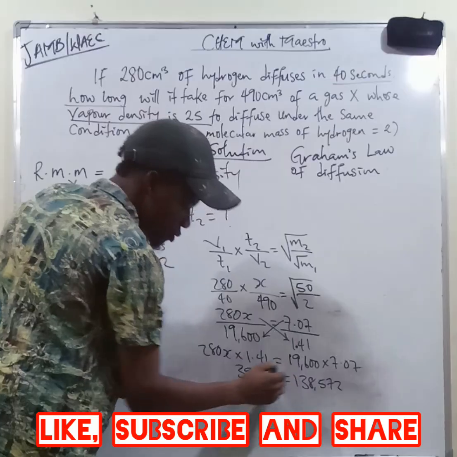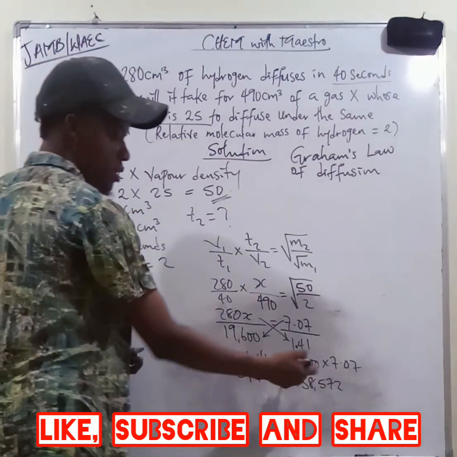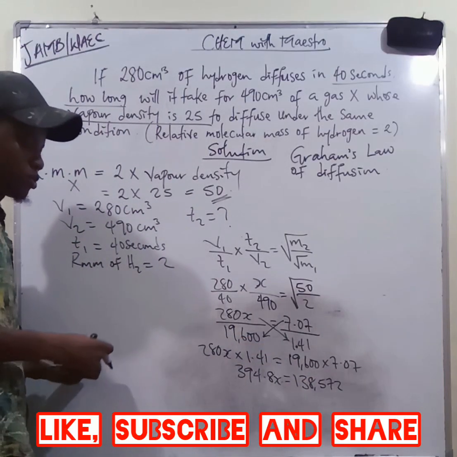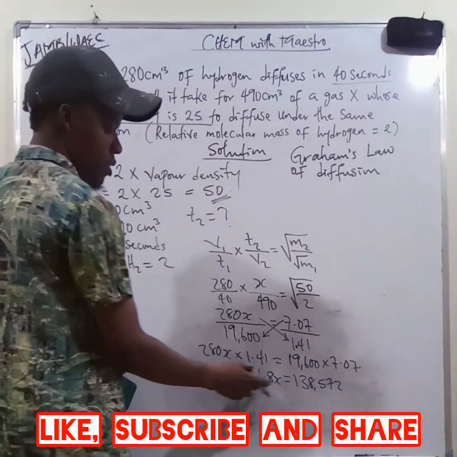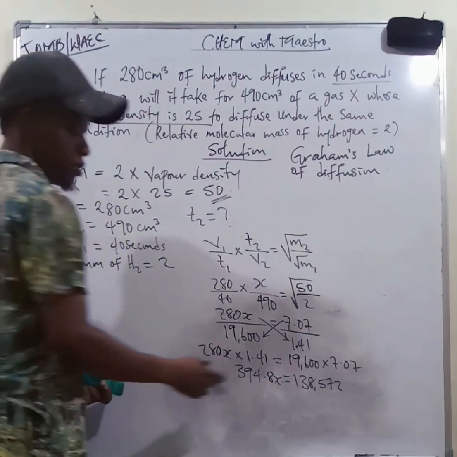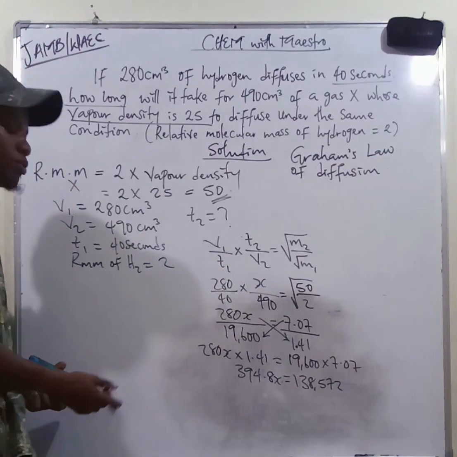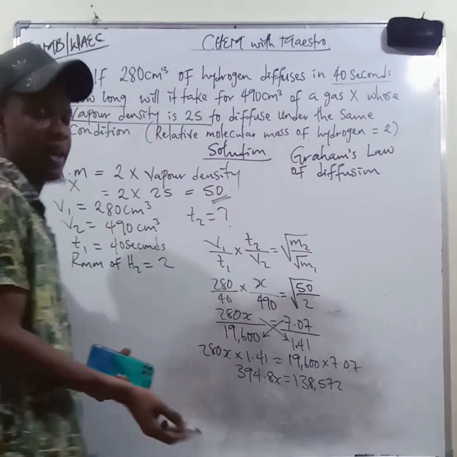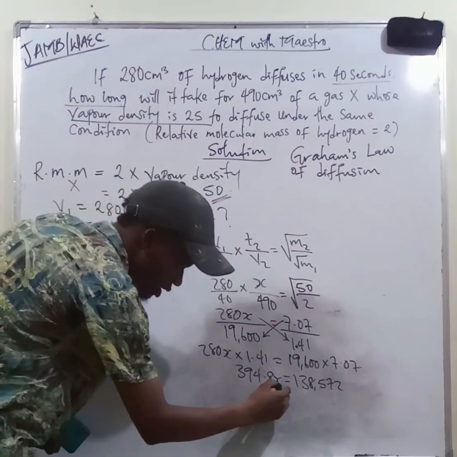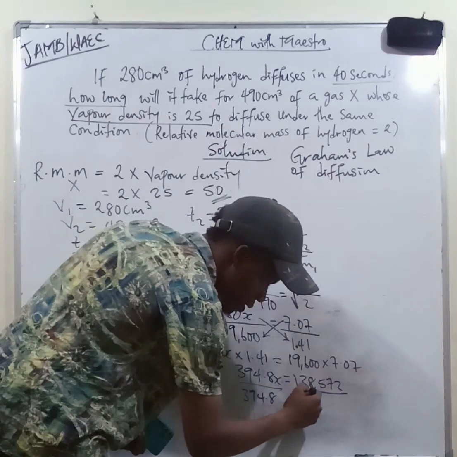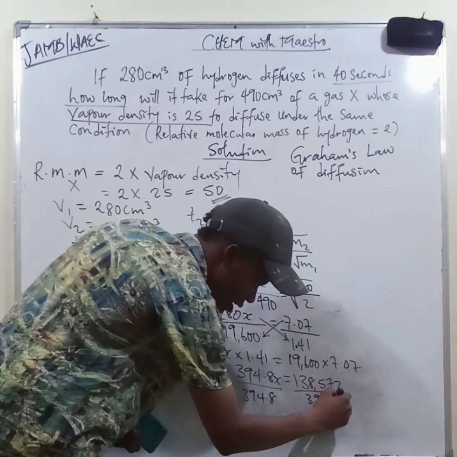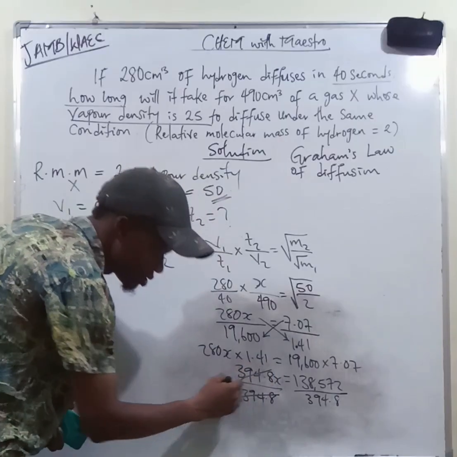Now at this point, what do we do? We divide both sides by the coefficient of x, the number carrying the x, which is 394.8. So this cancels out this.